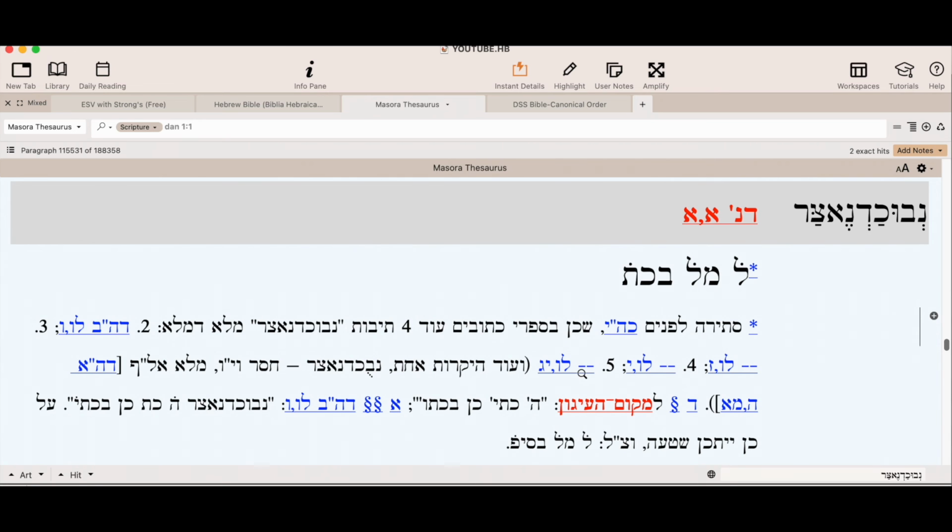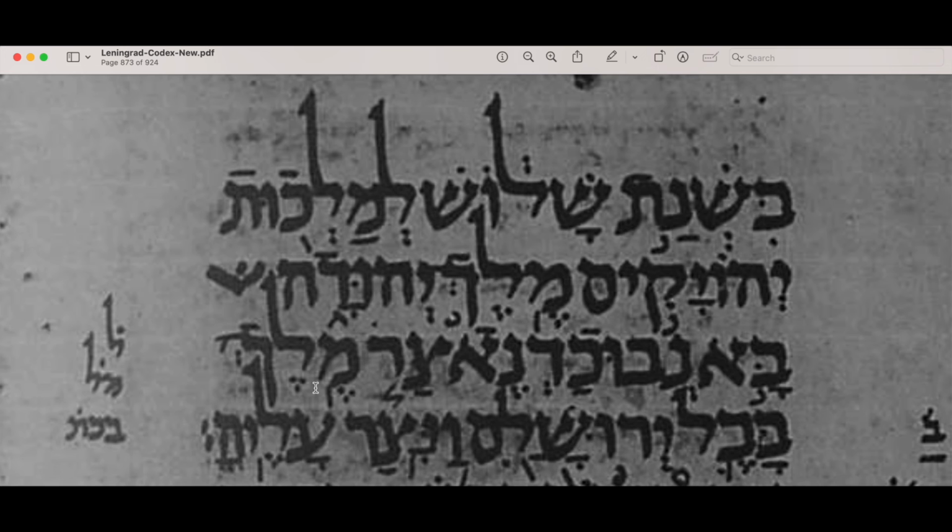So it's quite possible that this note would either have read 5 times plane in the writings, or simply 1 time plane in this book, in the book of Daniel. That is the one Masoretic note that we get here in the Leningrad Codex.